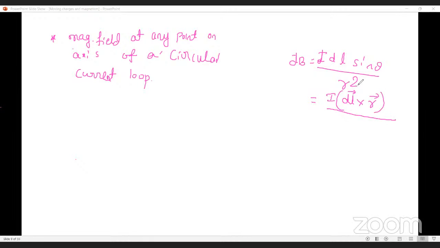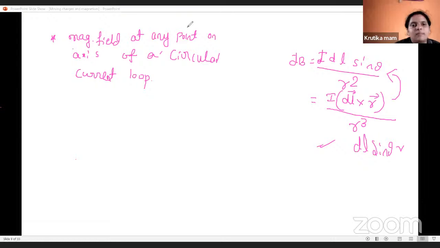So it becomes r cube. In the vector form, dl cross r is written as dl sin theta into r, so divided by r cube, one r cancels and r square remains. This is the vector form.